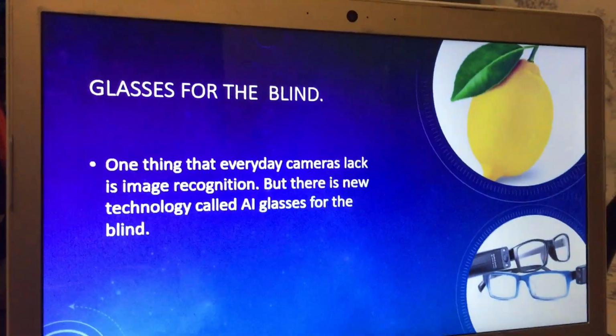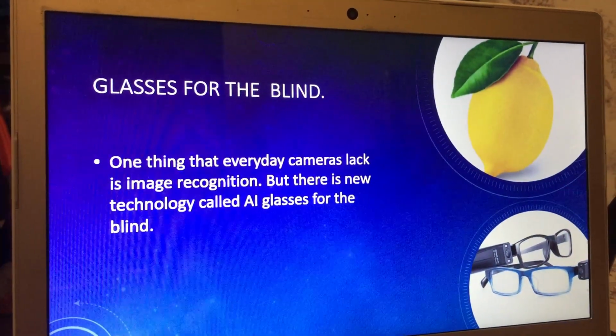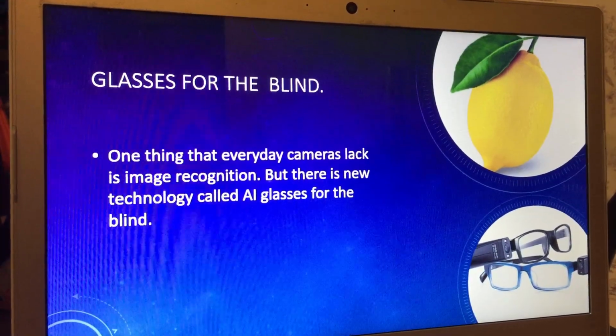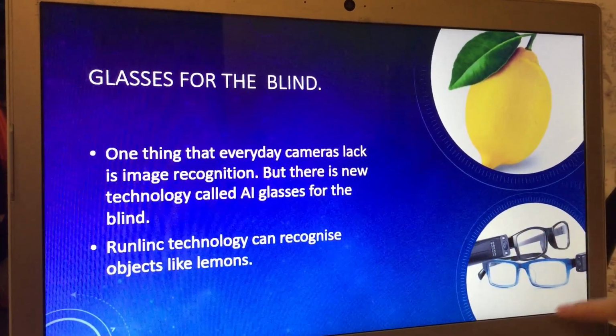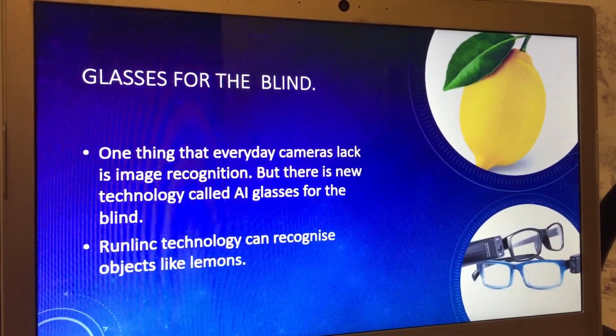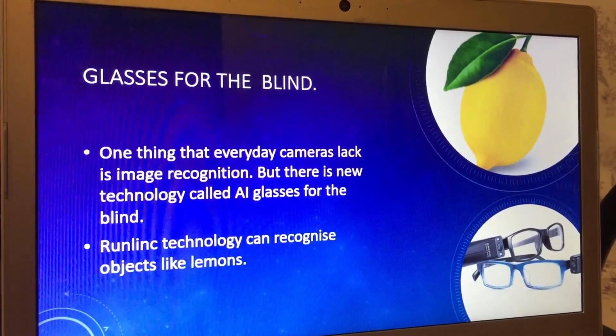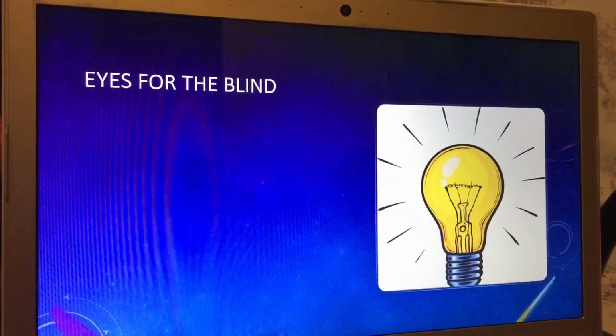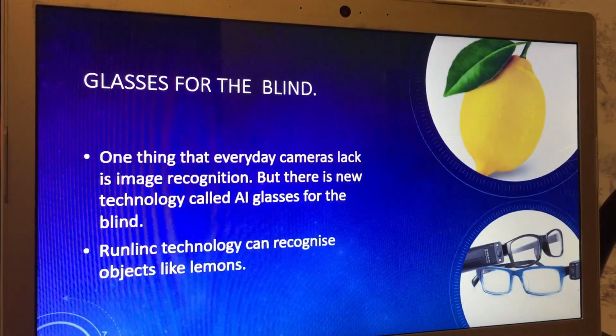So, glasses for the blind. One thing that everyday cameras lack is image recognition, but there is new technology in AI glasses for the blind, right here. This technology can recognize objects like lemons, which is helpful for object recognition.